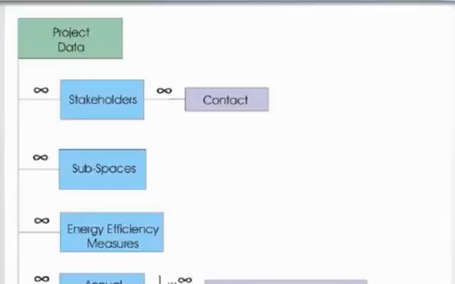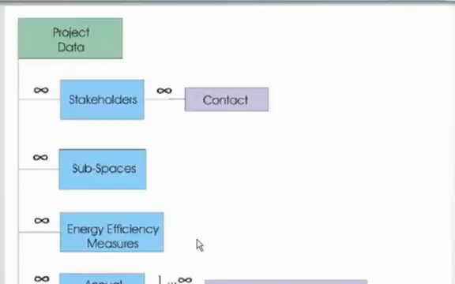And then we have stakeholders, such as the architect, the design engineer, the building owner, etc. For each of them, we have contact information. In this diagram, the infinity symbol just represents the fact that we don't place restrictions on the number of stakeholders or the number of subspaces, for instance. So we have subspaces, which are sub-occupancy information for within each space.